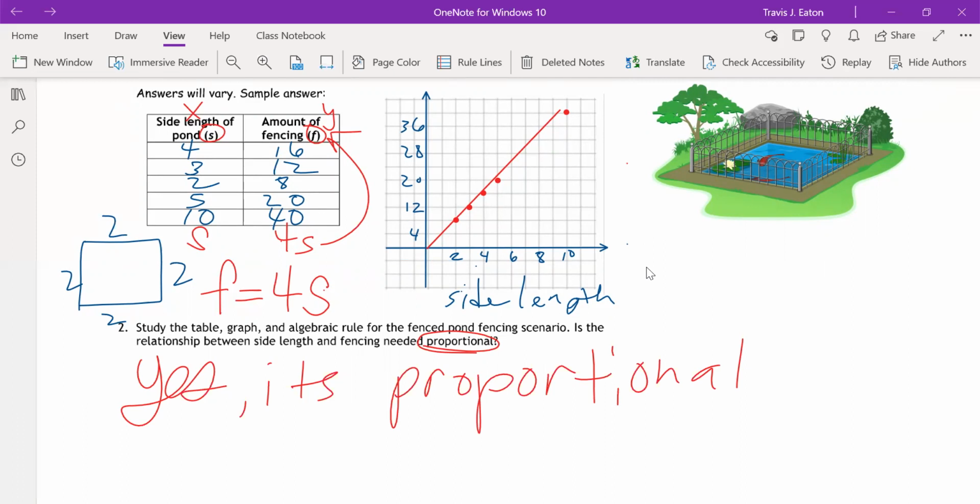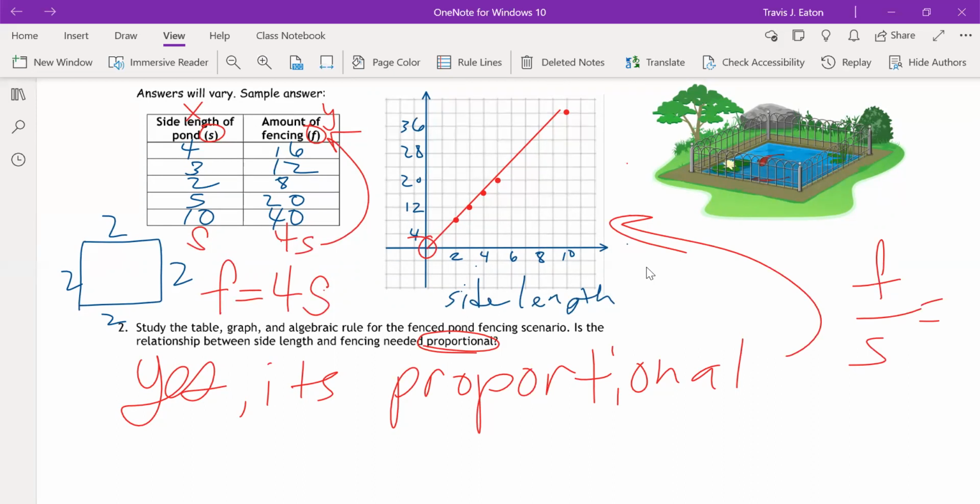Well, one thing's for certain. If you look at the graph, you can see that that is a straight line, and that straight line passes through the origin right here at 0, 0. That alone is enough to tell you it's proportional. But just in case it wasn't enough, if you look at the table, F divided by S, every time you get the same amount.